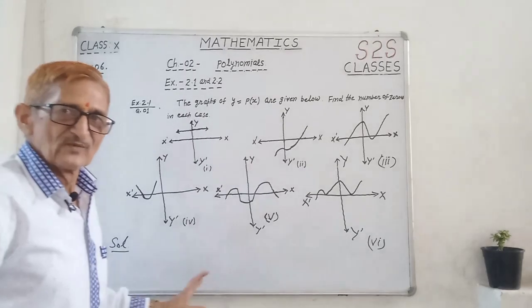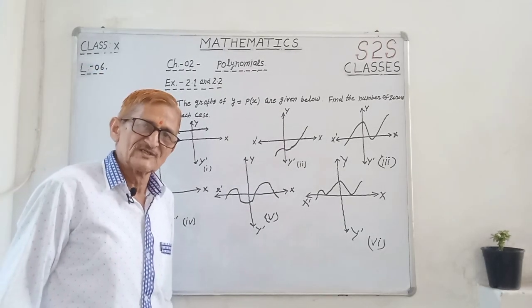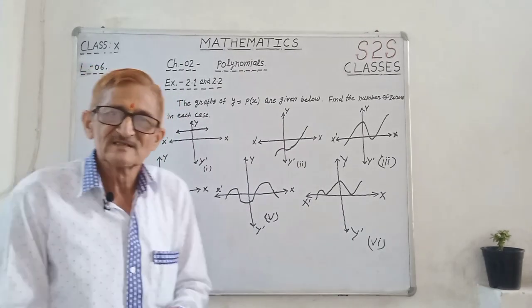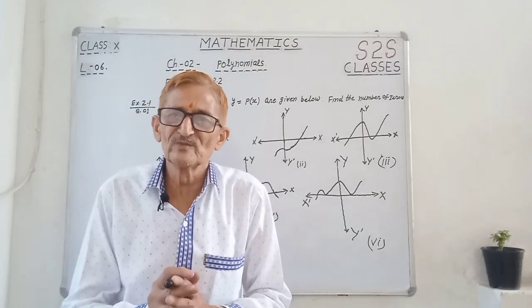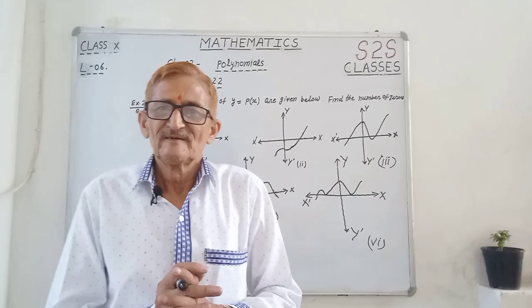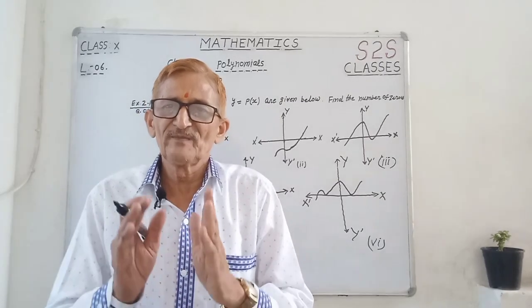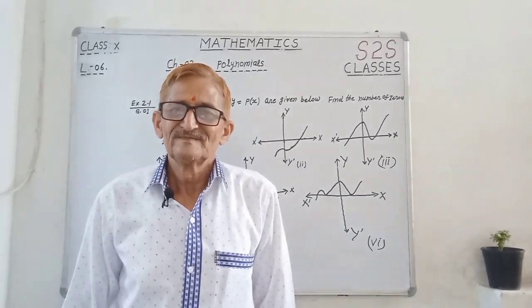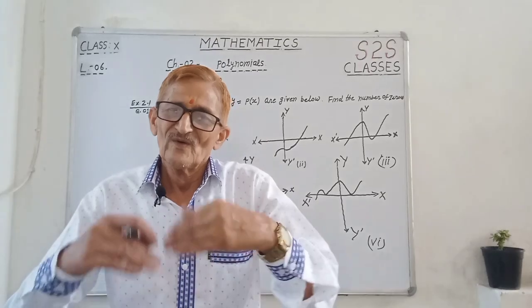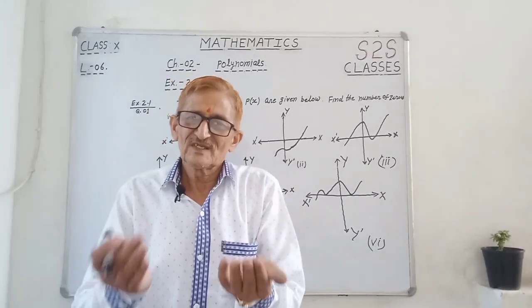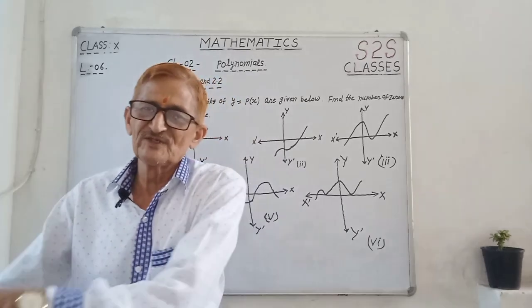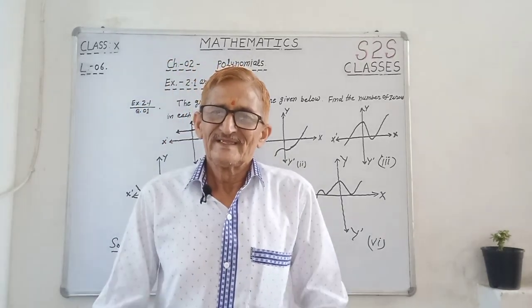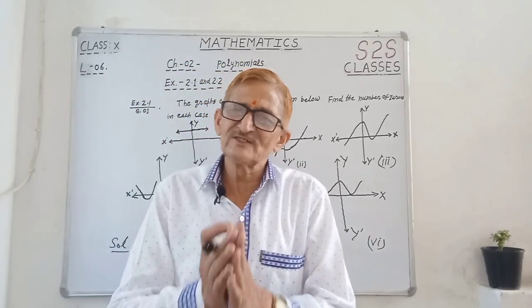So now with the help of graph, how can we find the zeros? Zeros means, understand what the zeros are. Zeros of a polynomial, definition I told you. On such values of x, the polynomial value becomes 0, those values of x are called the zeros.